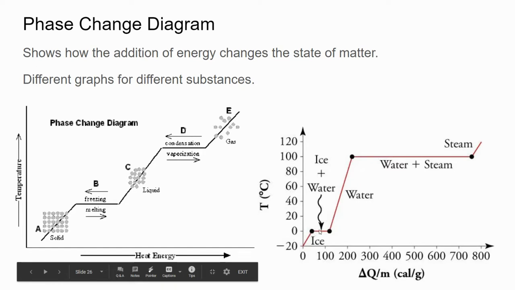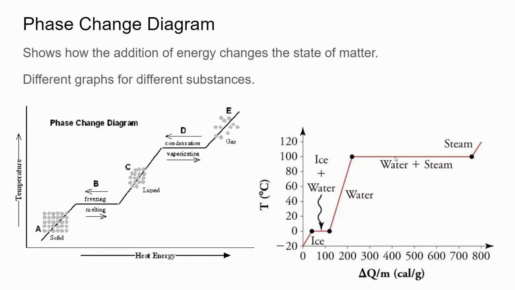Then to melt a gram of water takes that much energy, so 50 calories or whatever that is. And then this much energy to heat the water up to 100. And then this much, a lot of energy, to turn water to steam.